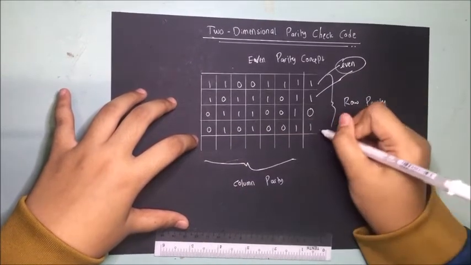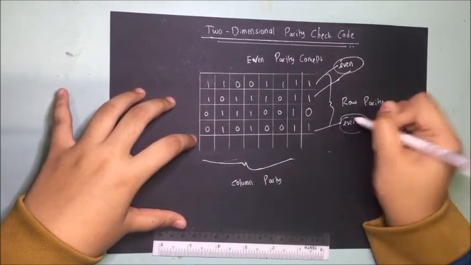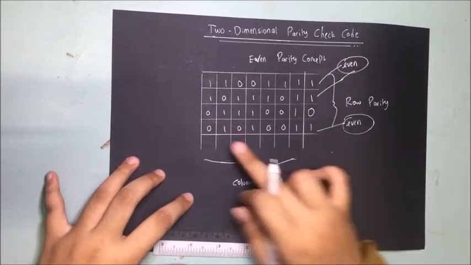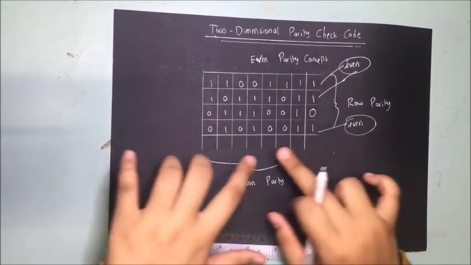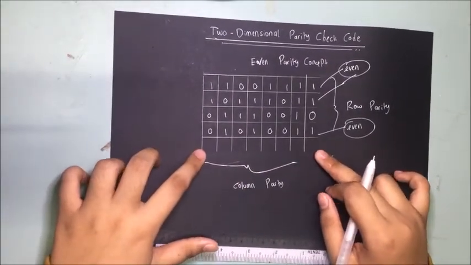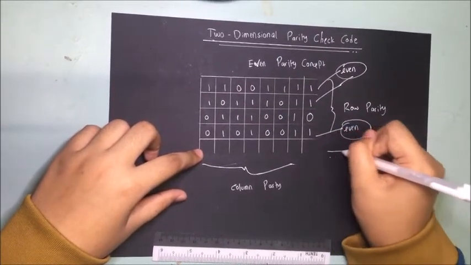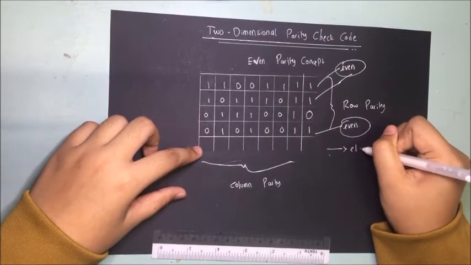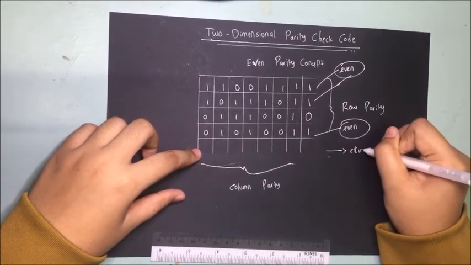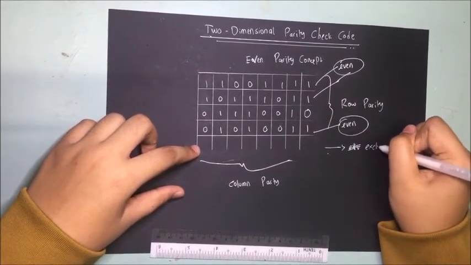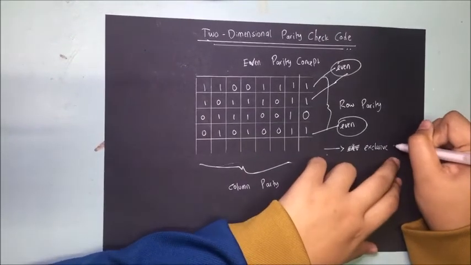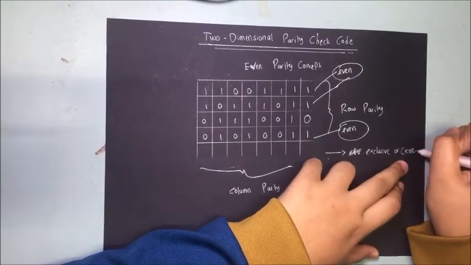So this is even. For this row, we're going to apply the exclusive OR method.